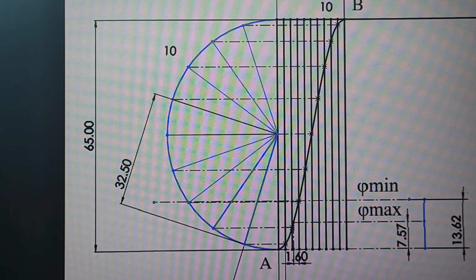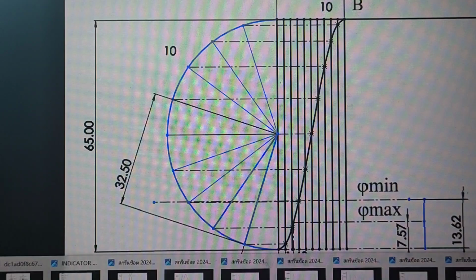And this is the fuel cam profile we designed for the engine. Due to the fact that the main engines on a ship need to operate in reverse operation, right?